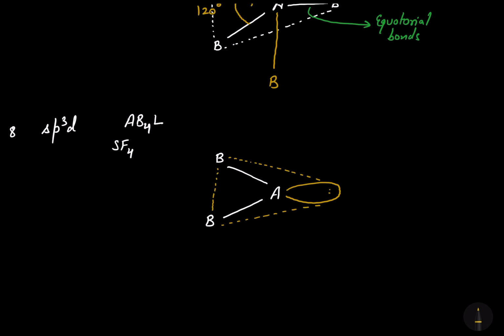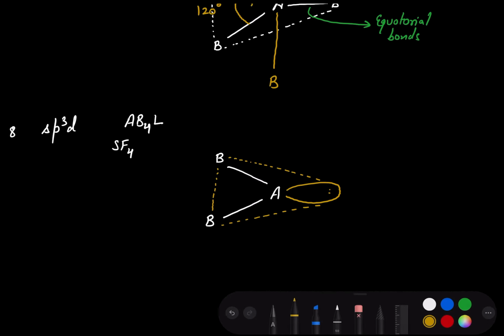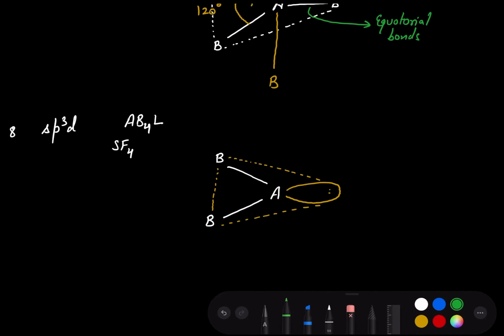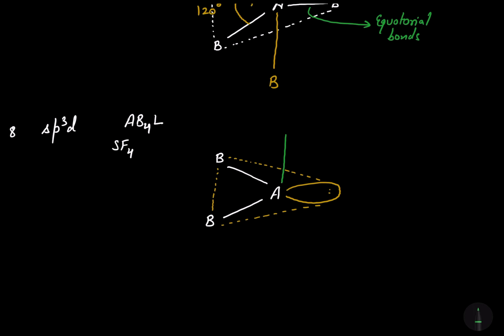Now we are left with B. I'm marking the first B to be over here and another B to be here. Now this structure is named as seesaw structure.